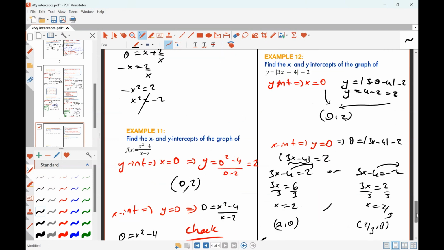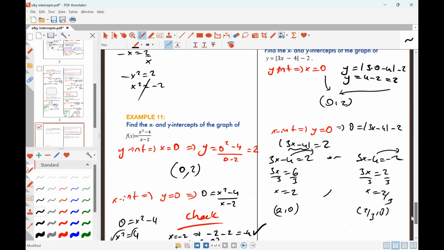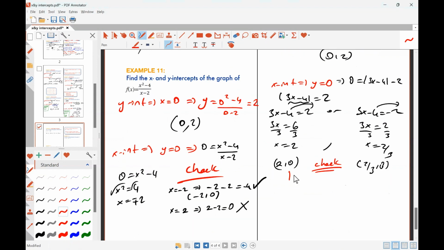So let's check the x-intercept. So how do you check? Let's just check the points and see if the points satisfy the equation. So 2 comma 0.